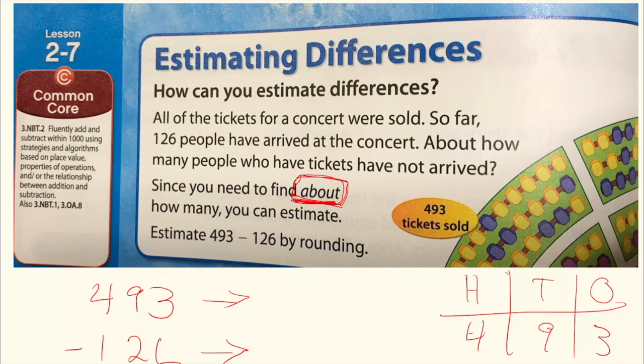493 and 126. We want to round to the nearest 10, so we're going to underline the numbers in the tens place and circle the numbers to the right of the ones we underlined. 3 is 4 or less, so the 9 stays the same.